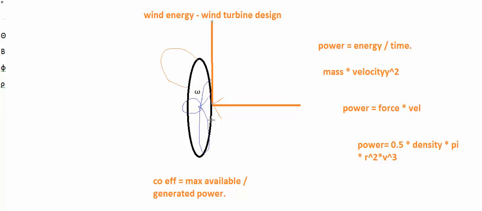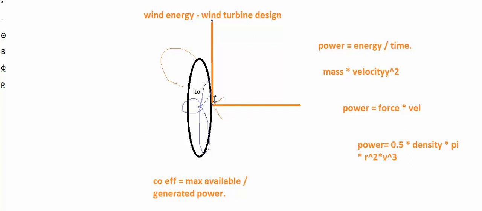Now this line is representing the linear velocity of the element along this perimeter. We have developed it right now.